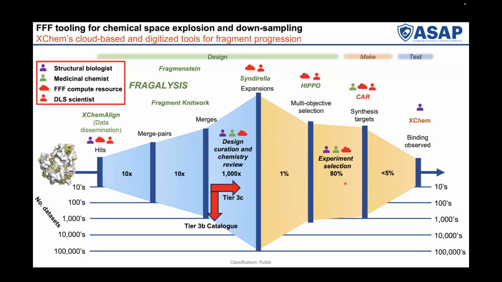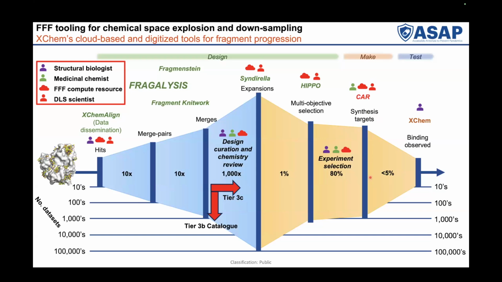And then there's another curation step of looking at chemistry we can actually do on the robot, in terms of building blocks that are available, etc. And finally a final sanity check of the final chemistry pathways, which are all suggested using retrosynthetic prediction tools. And on the make bit, we get to CAR, which is our chemist-assisted robotics platform.